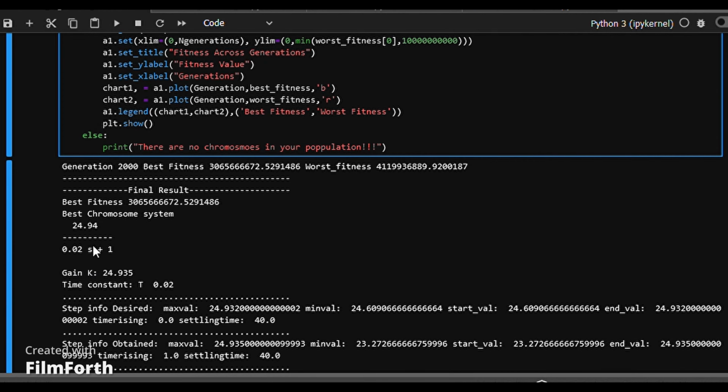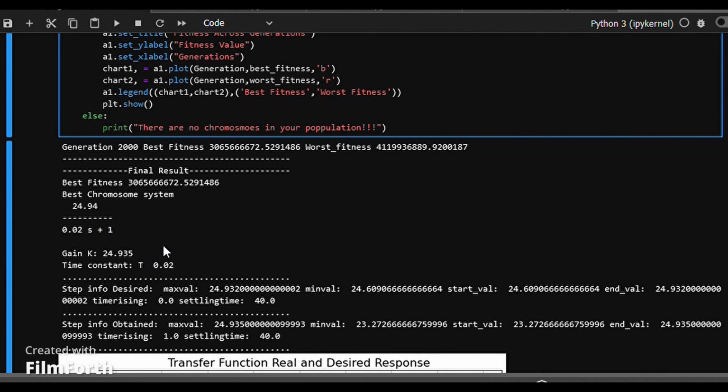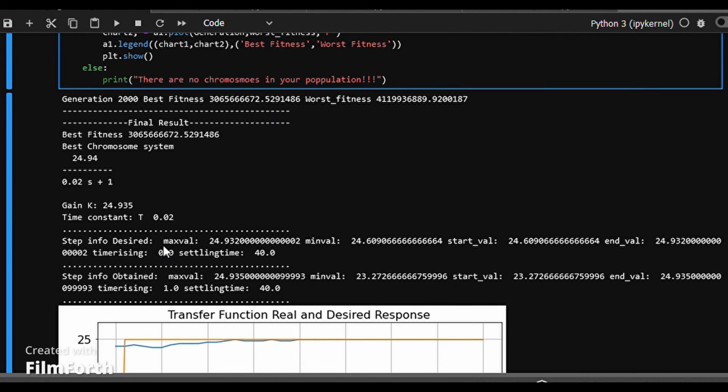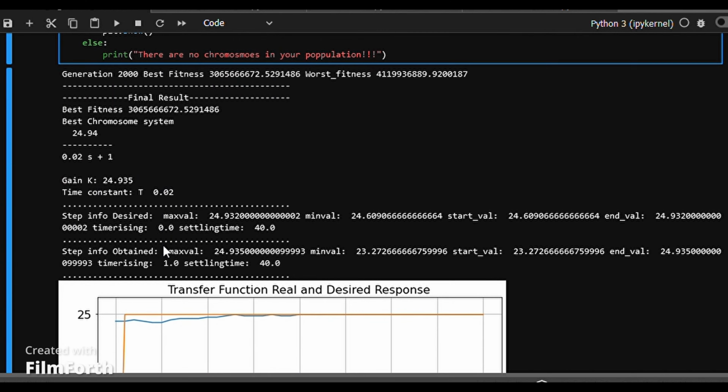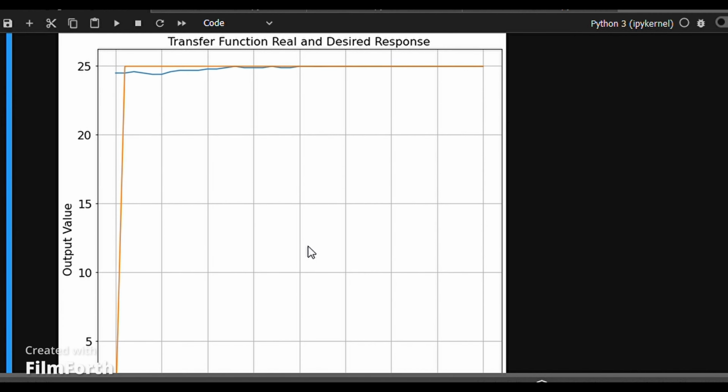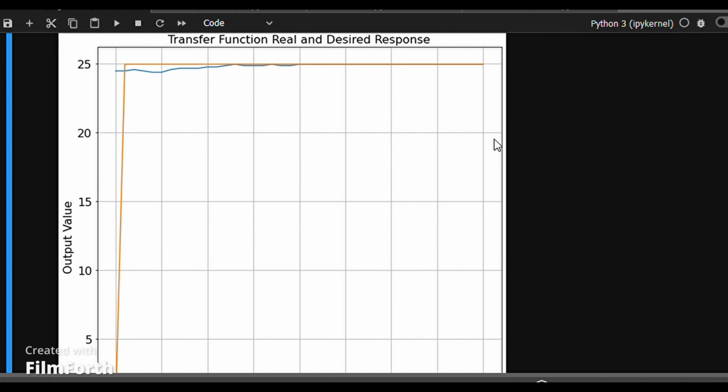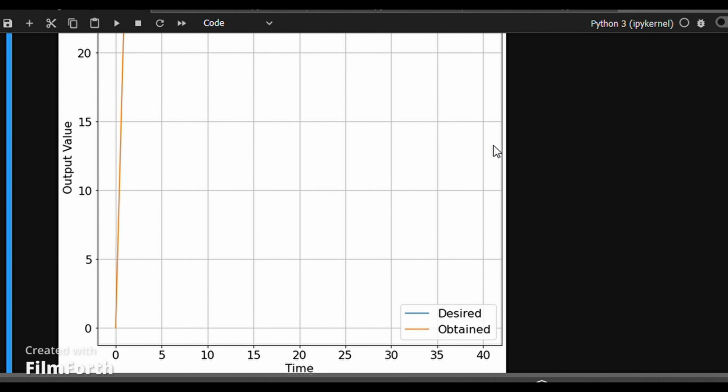In this part we can see the transfer function with the best chromosome in the system. We have the gain and the time constant with these values, and this is the comparison between the real transfer function and the desired response. The desired response is the orange line, and my real transfer function is the blue line.